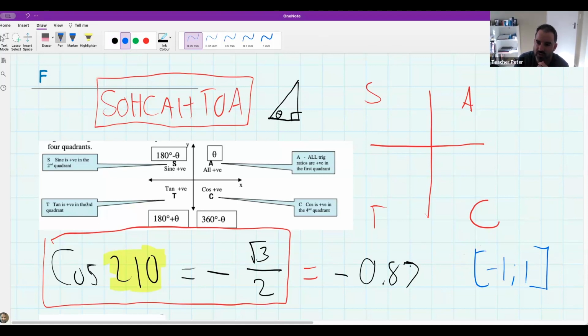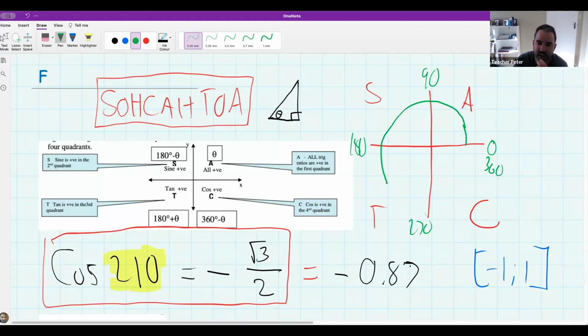Now, what the CAST diagram does is it predicts what the sign of this will be. And the 210, if we want to visualize this, would start on this axis. So that's 0, that's 90, that's 180, that's 270, that's 360. If I start here, 210 gets me into quadrant 3.